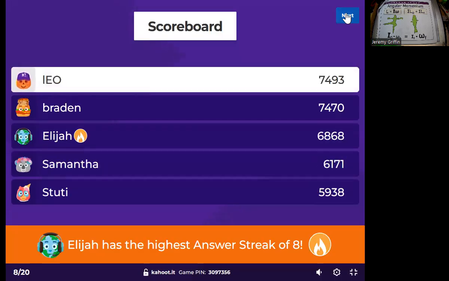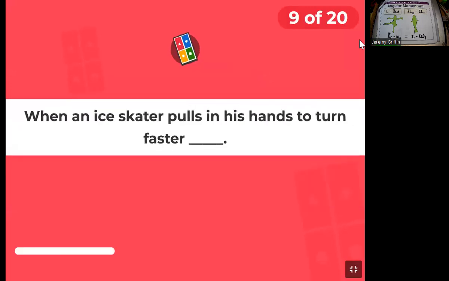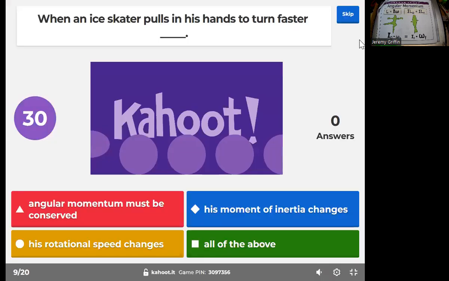Elijah on fire, Braden second, IEO top spot. When an ice skater pulls his hands in to turn faster. Ooh.